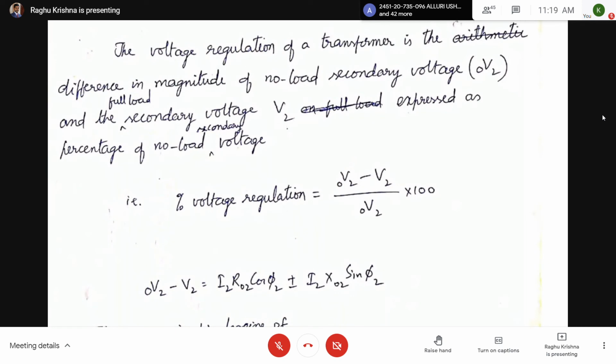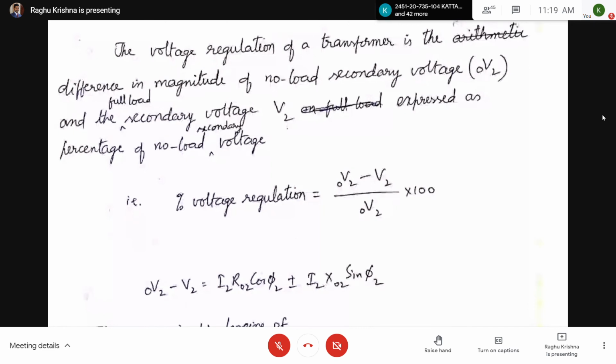So the formula: percentage voltage regulation is equal to 0V2 minus V2. What is 0V2? The no load secondary voltage. 0 represents no load. Secondary voltage means V2.